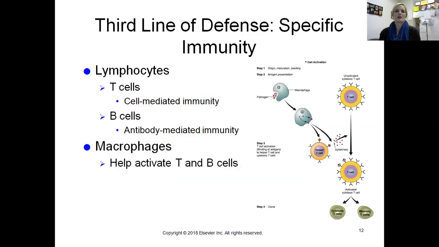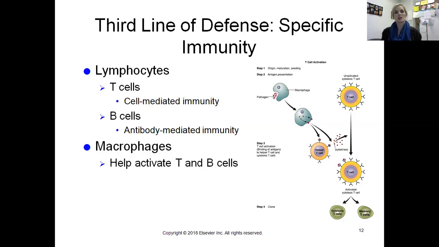Okay. And then we get into our third line of defense. So our third line of defense, as I mentioned, is now our specific immunity. So you're seeing what's called cell-mediated and antibody-mediated, which we'll get into over here on the side. But what we're looking at here is our specific immunity is specifically targeting a certain kind of organism. Not just, how our non-specific is looking for anything that doesn't belong.